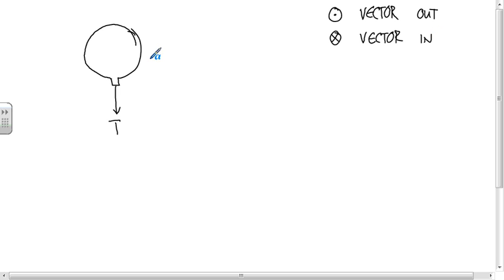Okay, so we would have a weight force going into the page with a magnitude of 0.5886. That's the mass times 9.81. And then we would have a normal force coming out of the page.